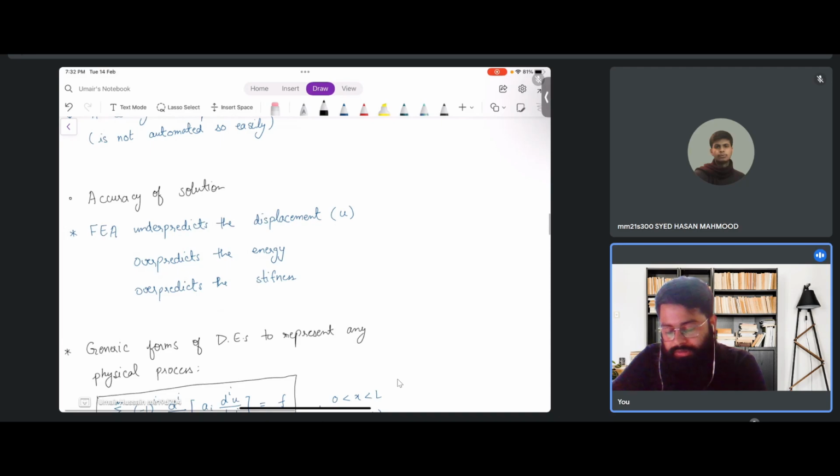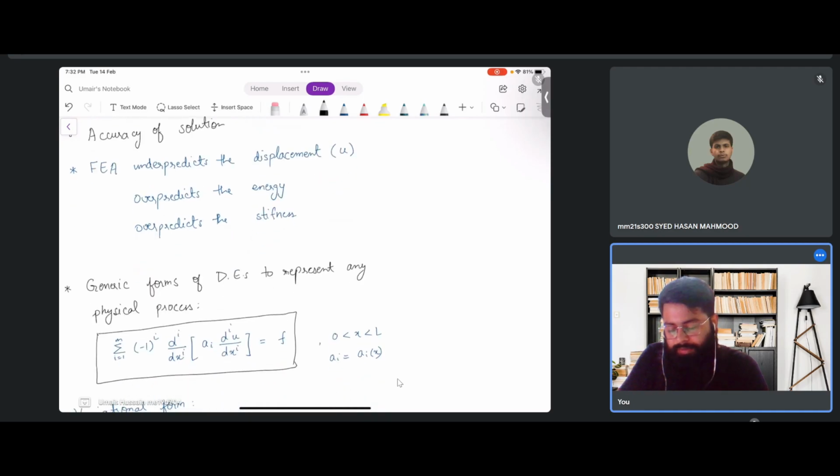So we also studied certain characteristics of the FEM result regarding its accuracy. Firstly, that FEM under predicts the displacement U. Then it over predicts the energy and over predicts the stiffness. I'm not sure about the stiffness part because I think it should be under predict, because stiffness is equal to force over displacement.